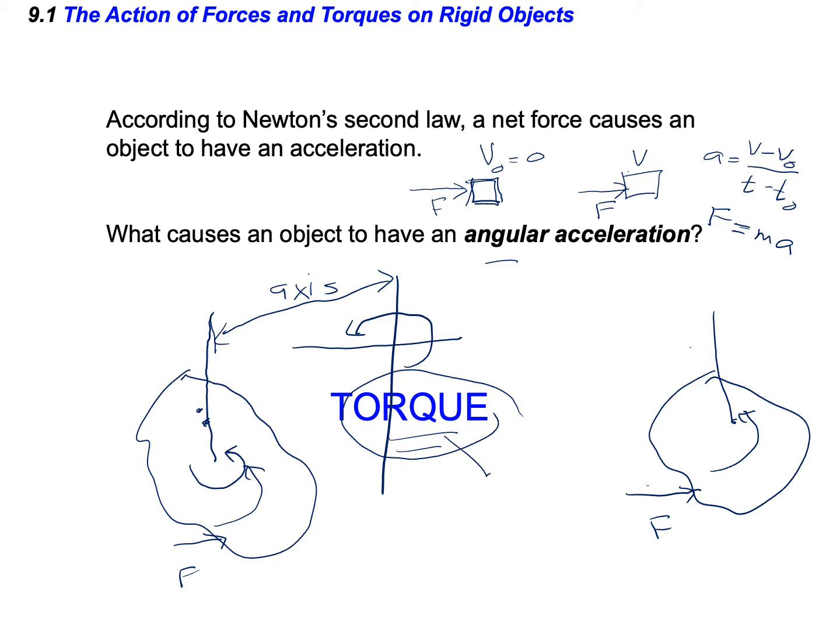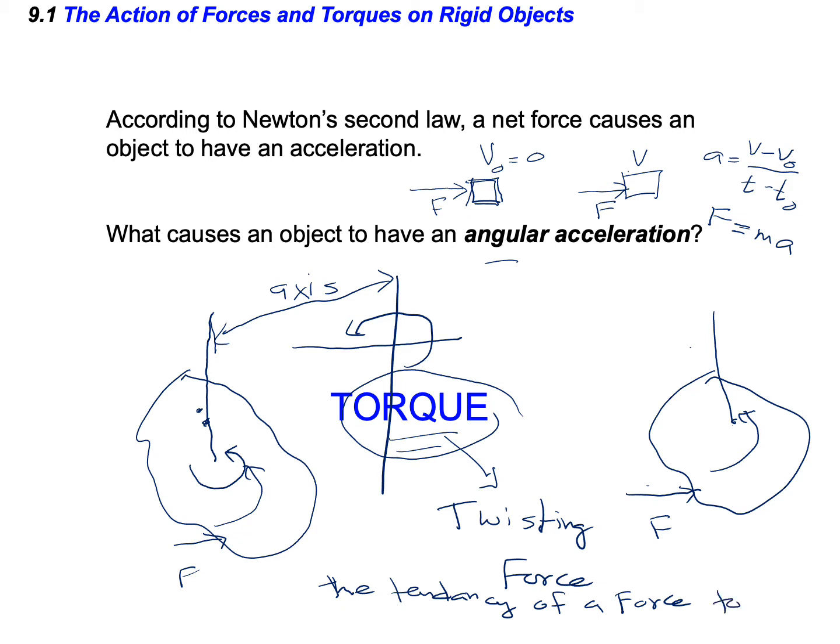Basically we call it a twisting force: the tendency of a force to rotate an object.